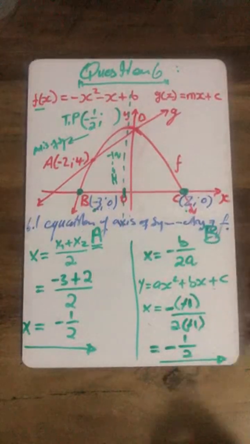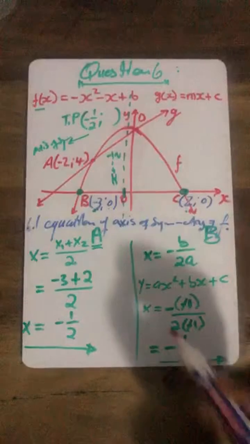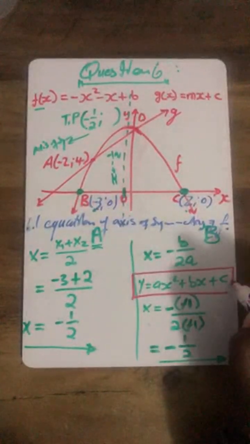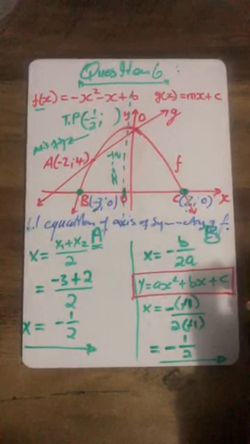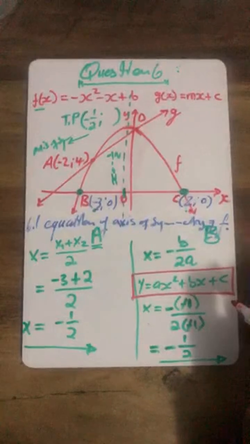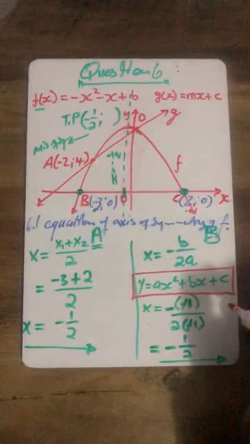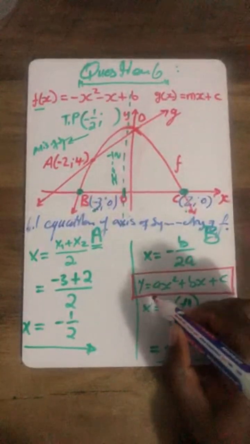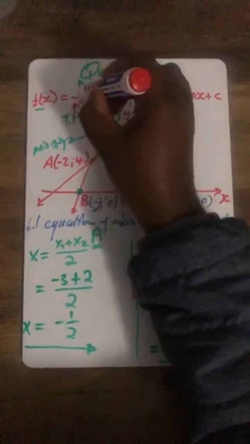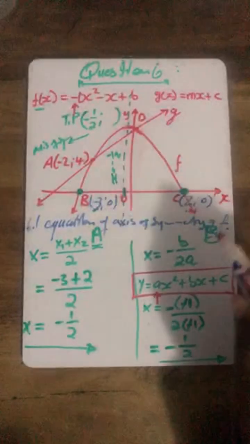Alice is asking what is A, what is B? Remember, this is the standard equation of a quadratic. So this A is that one there, being negative, invisible 1.